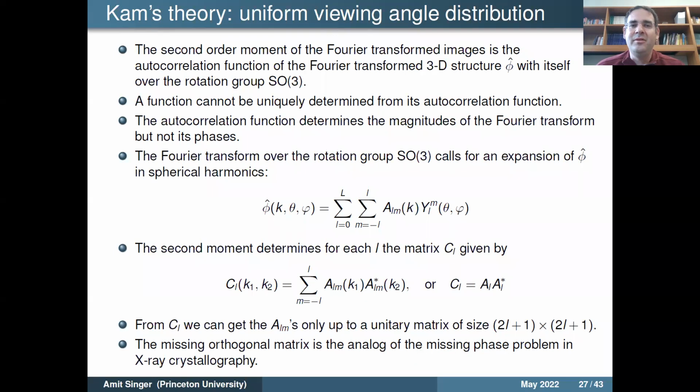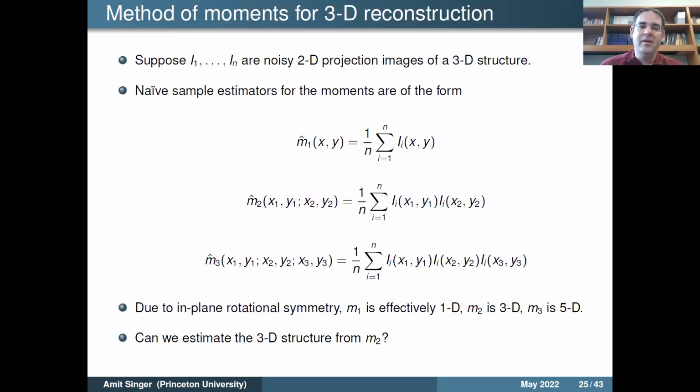Basically what Kam argues is that the second order moment is equivalent to computing the autocorrelation function of the Fourier transform 3D structure with itself over the rotation group SO3. And why this is the case, again, is because of the Fourier projection slice theorem. If you consider the second order moment, but now in Fourier space instead of real space, suppose I multiply two values of the Fourier transform of an image with itself.